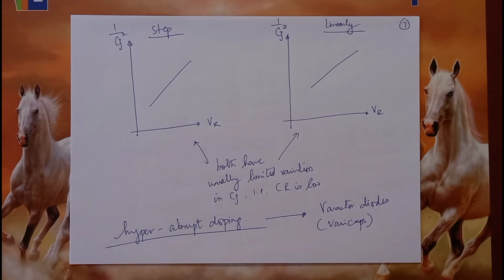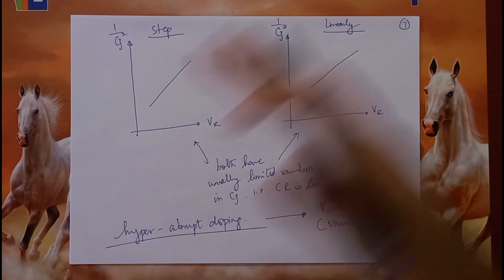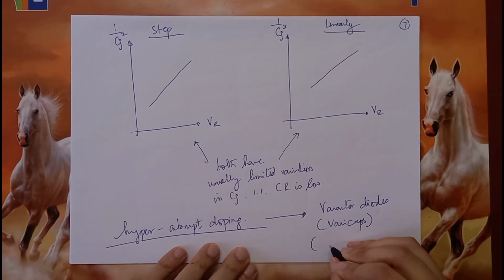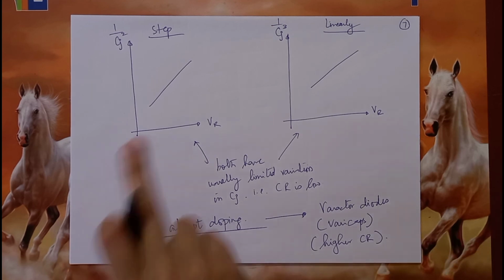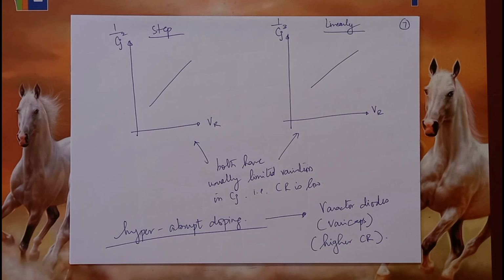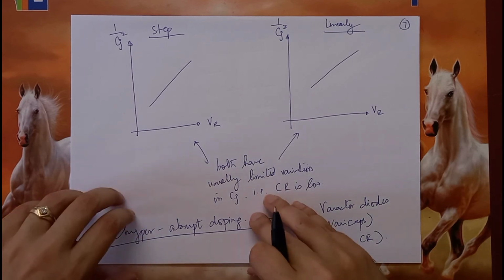So why was this varactor made? This varactor was made essentially to control the change in capacitance over a large range. These have much higher CR as compared to other kinds of PN junctions.